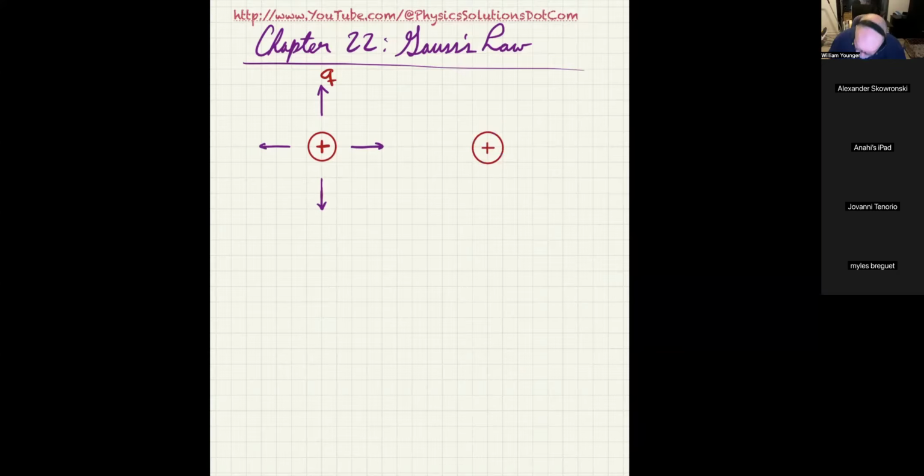Okay, so this charge is going to be a charge 2q. That's a 2, not a z. The same thing happens, except now this charge is twice as big. So, in some sense, we have to recognize that the electric field should be twice as large.